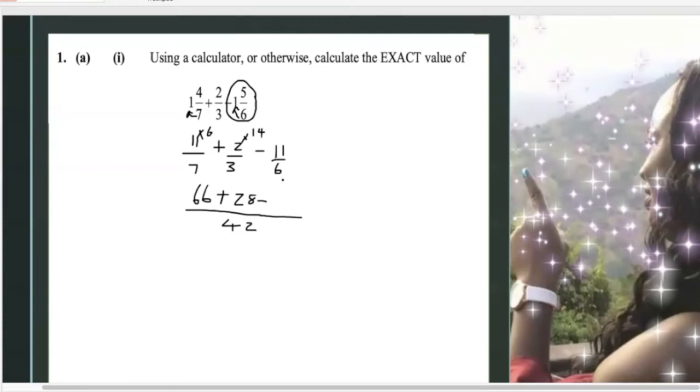Rewrite my minus sign, then 6 into 42 goes 7 times. So I multiply 7 times 11, that's 77.